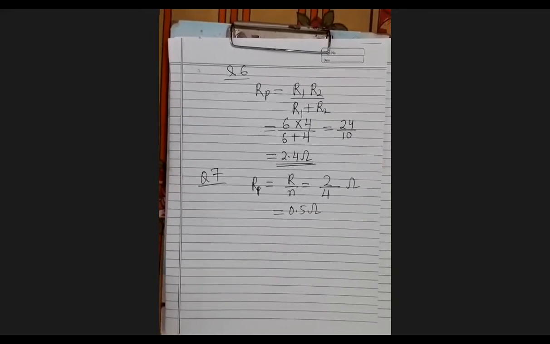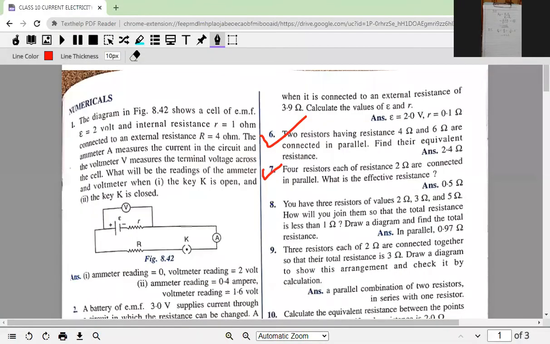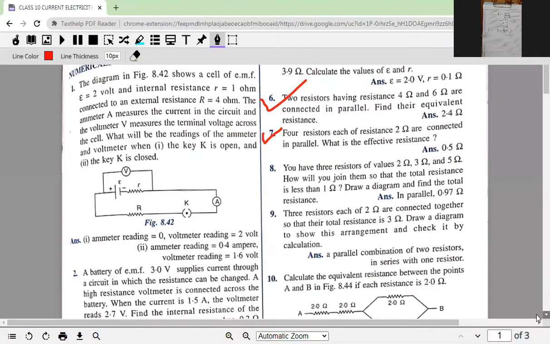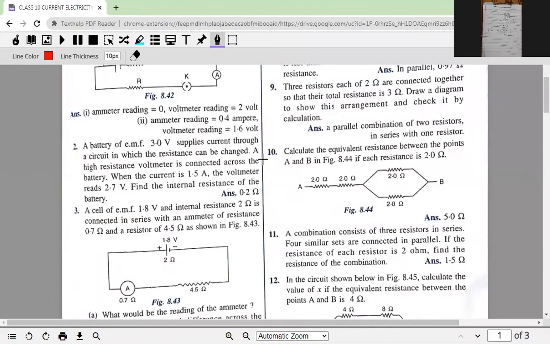Now I am going to take a different question. Now see here, take question number 10.